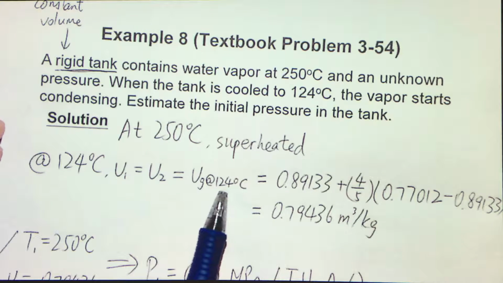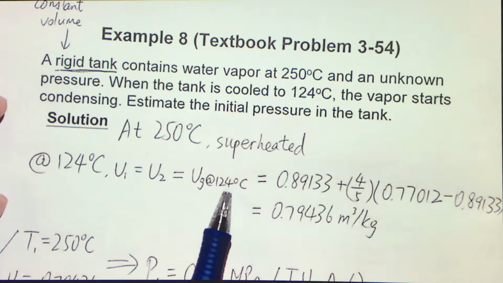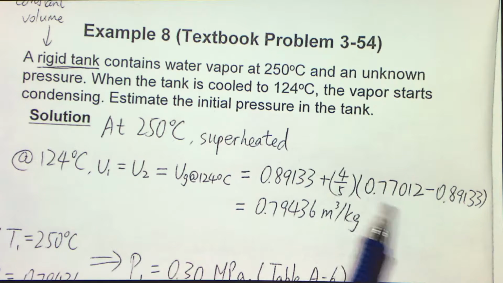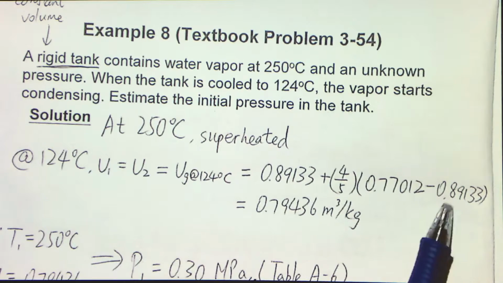Because at 124 degrees C we do not have exact data in the property table, we need to use linear interpolation. We can find the values at 120 and 125 degrees C, so we go to the table and find these two values, noting that at 125 it is this one, and at 120 it is this one.